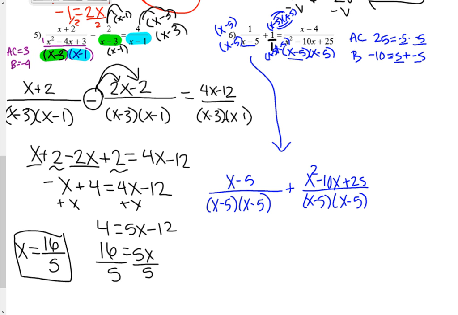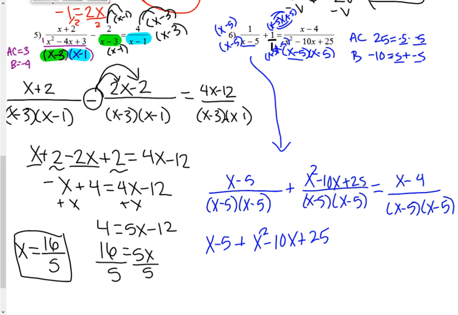Remember, we never have to distribute our denominators out because we know they're all going to cancel. The right-hand side had my common denominator already, so I didn't need to do anything to it. Now I can set my numerators equal to each other, so x minus 5 plus x squared minus 10x plus 25 equals x minus 4. Sorry, switch that 4 to a 5 there.